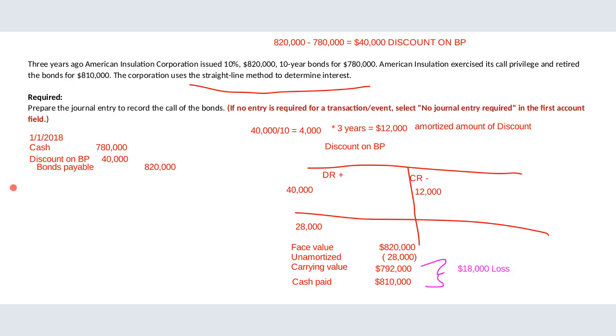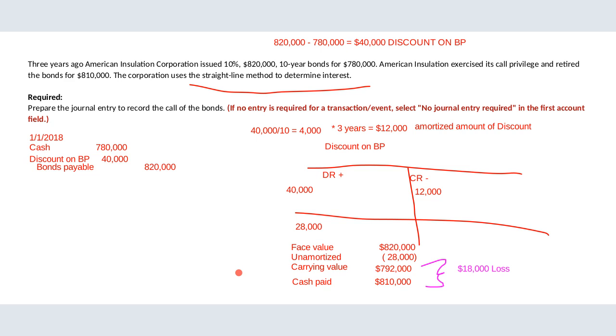And therefore, now in constructing our journal entry, so let's say that at the end of the 3 years, we sold the bond, then we are going to get rid of the liability. First of all, we get rid of the liability.